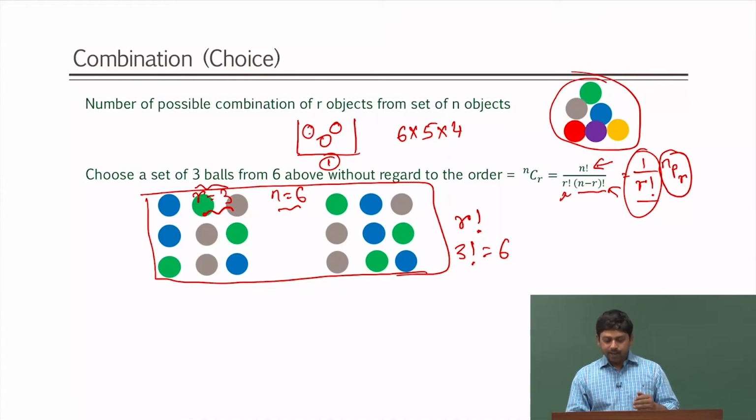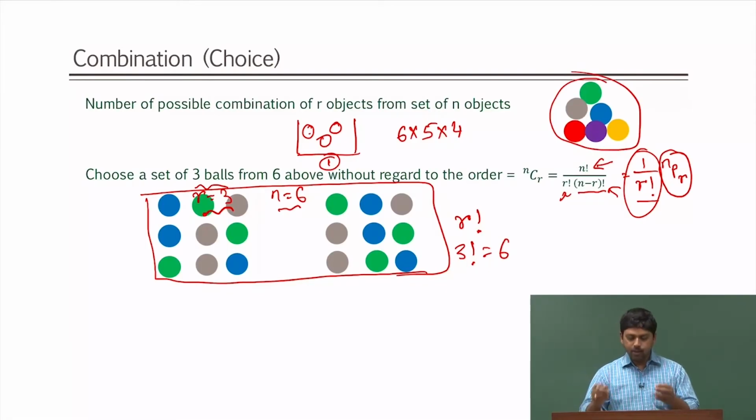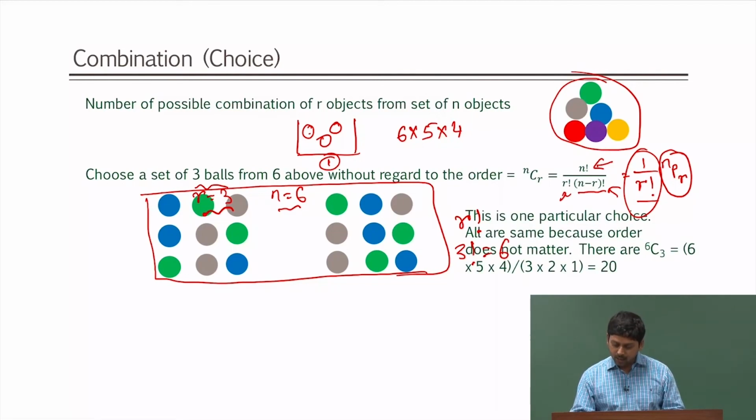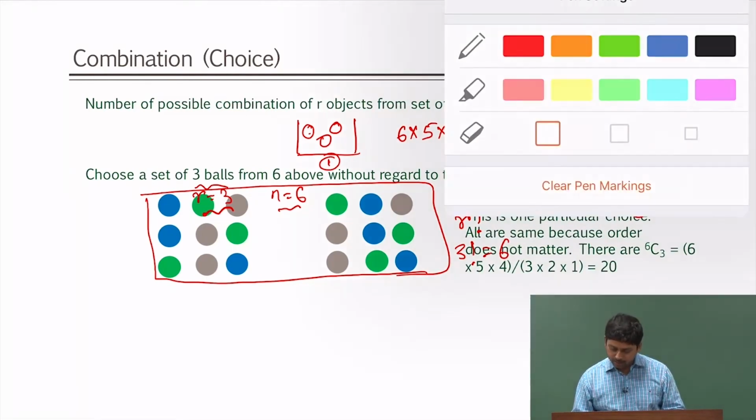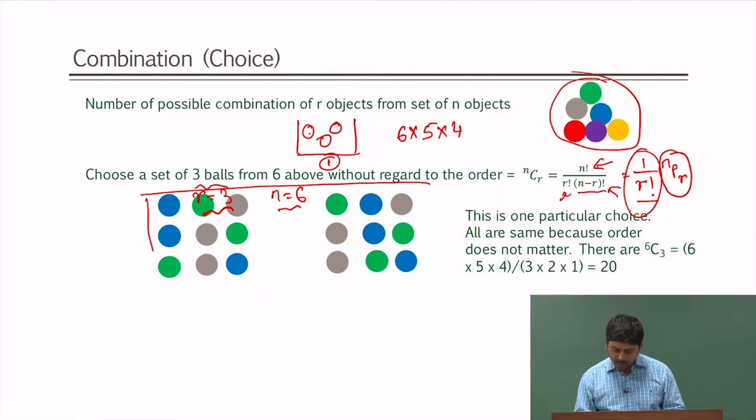Therefore, this choice that we talked about reduces the number of possible microstates, because we do not care which particle, which ball came first, which came second and which came third. Once we do not care about that, we have factorial 3 ways of doing that, and therefore from permutation we are getting a sense of combination.